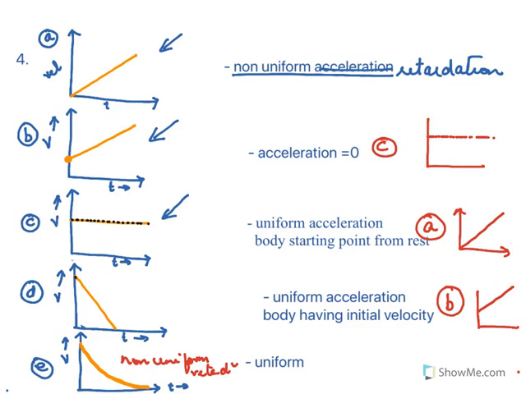If you see in D, there is a decrease in velocity. So D would be this uniform retardation. And last, of course, was non-uniform retardation. Here, if you see, the velocity decreased, but non-uniformly.